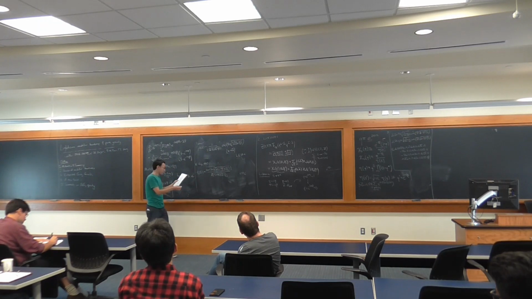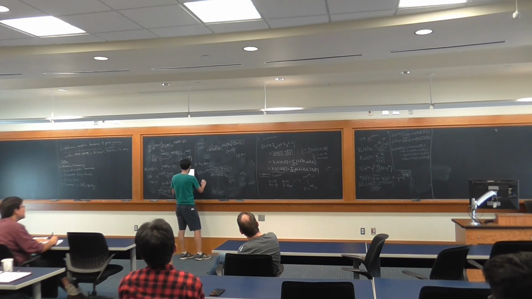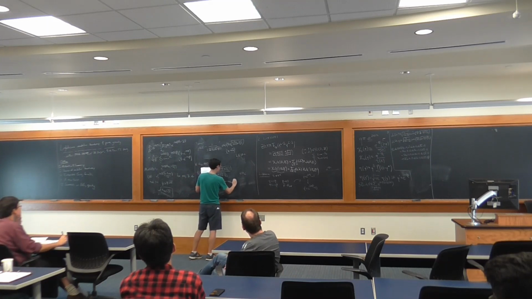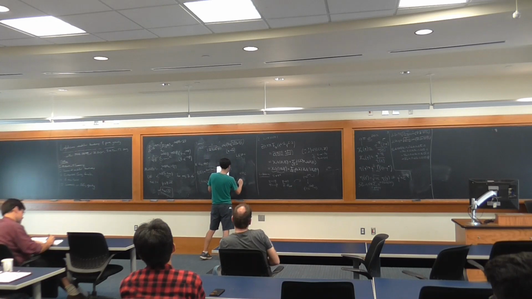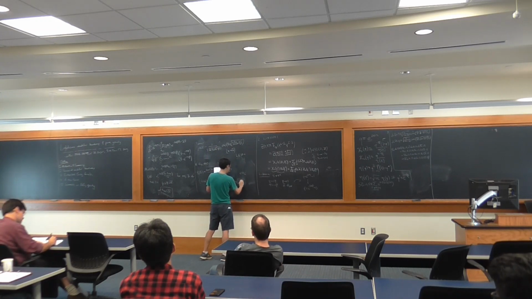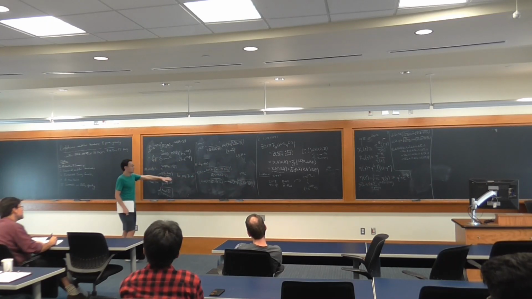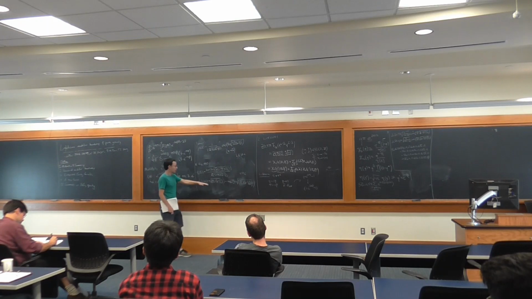But now there's a slightly more complicated formula given by the difference of two quotients. So these coefficients are the same, except this is c minus 1 over 24, and this is c minus 25 over 24.